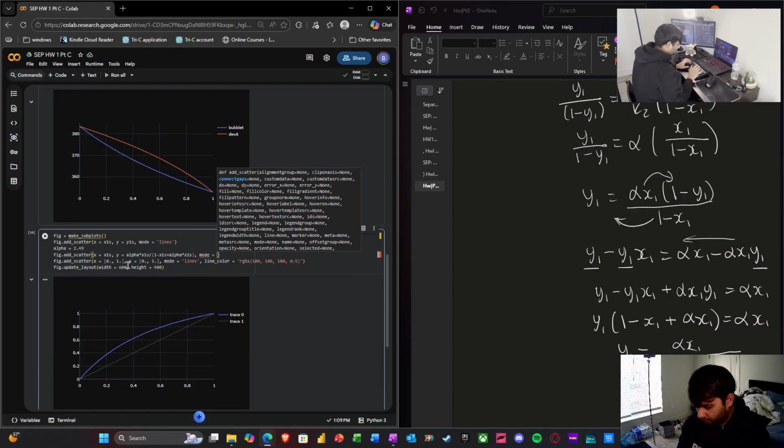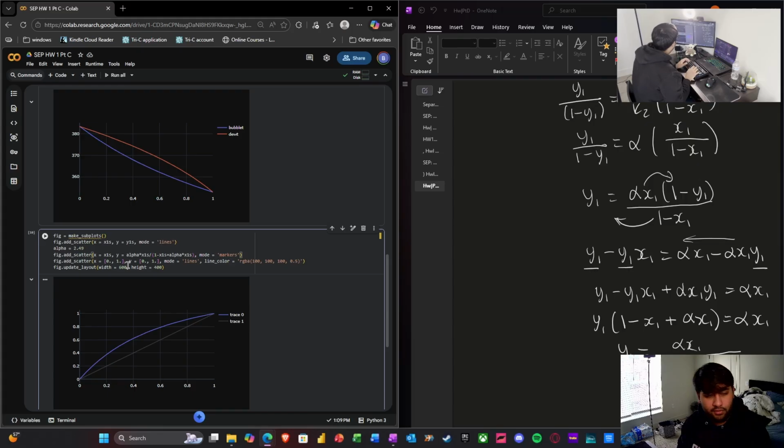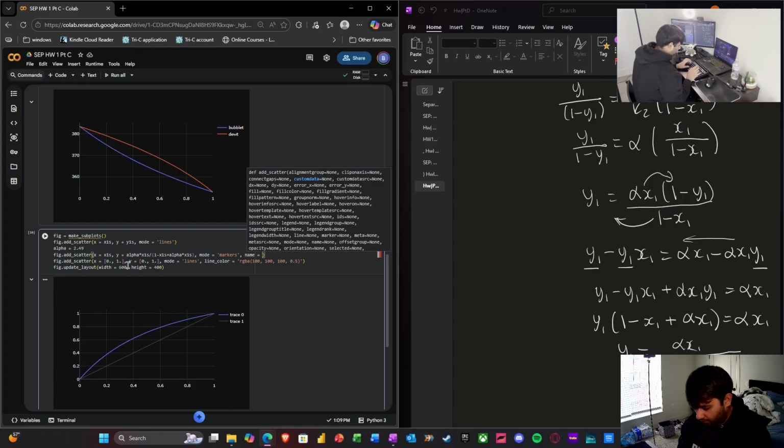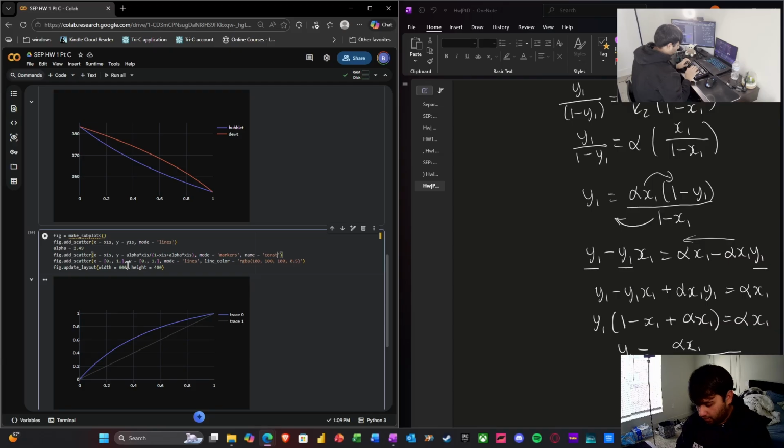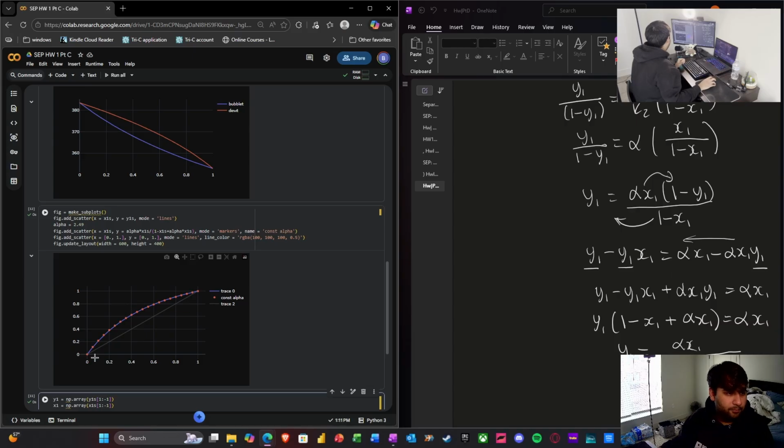And we're going to use markers to make it easier to distinguish. And then we're going to give it a name, const alpha. That should work. Yep. So there we go. So we have our values displayed, and this kind of just shows that our alpha values align with the plot that we found last time. So this shows our constant relative volatility values.